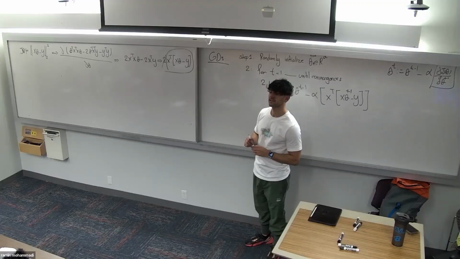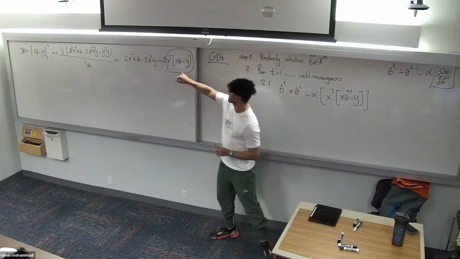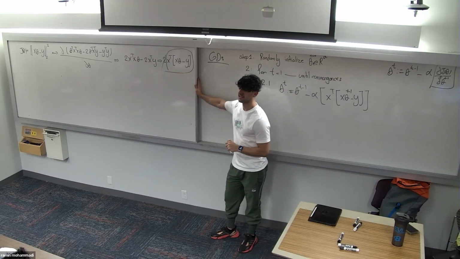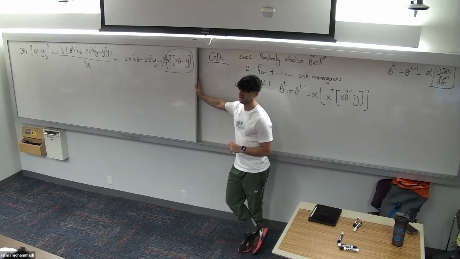Now, what do you think this is telling you? This gradient term. What do you see here in this equation? X theta minus y. What's that? The difference. But what do you call x theta minus y?